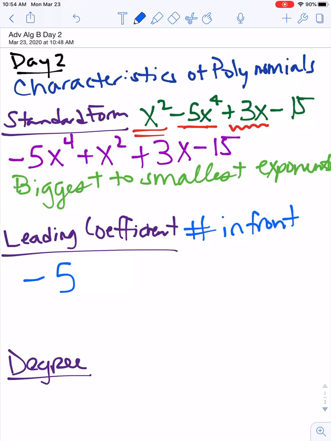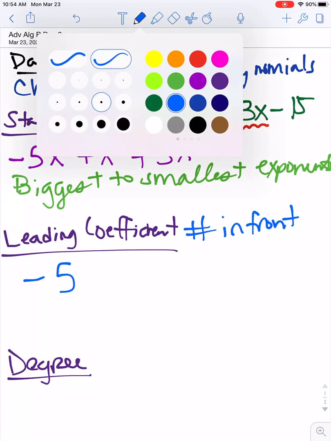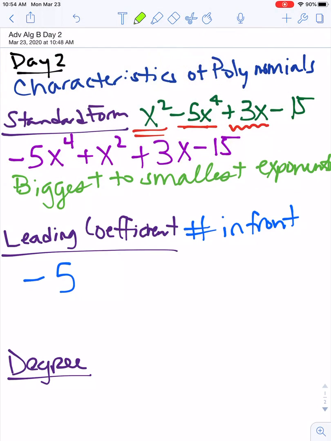All right, and then last but not least, we have degree. Now, degree sounds a little intimidating, but all it is is the highest exponent. The highest exponent in a polynomial is what your degree is. So in our case, our highest exponent, the one with the biggest power, we know is our x to the fourth.